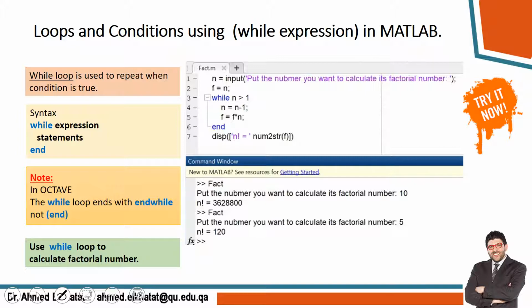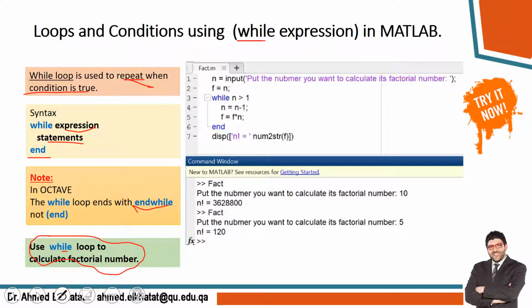Now let's take while. The while loop is used to repeat when the condition is true. If the condition is not true, it will stop. The syntax is while, expression, statements, and end; in Octave we put end while. Now use the while loop to calculate the factorial number.